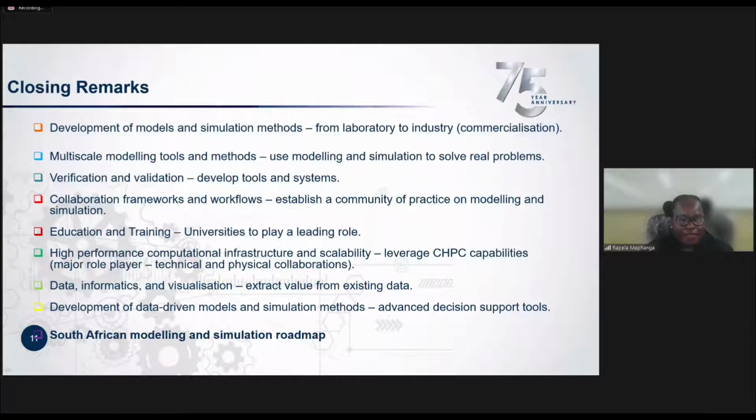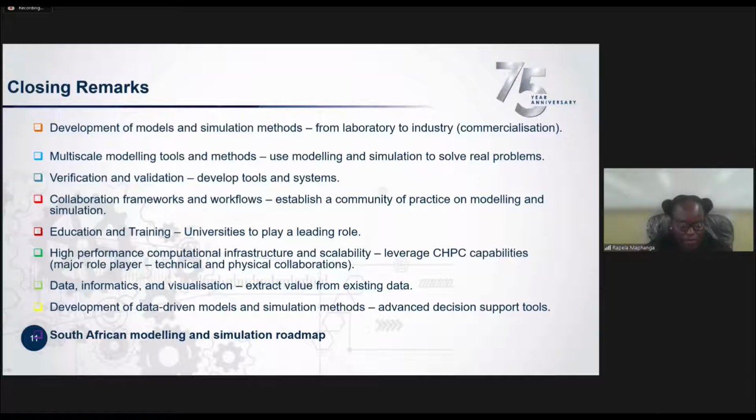As I mentioned, the main aim on the development of models and simulation methods, including the optimization of methods, is to take the models and the methods that we have kept in the laboratories and see how we implement those models to solve industrial problems, with the ultimate goal of commercializing such models.